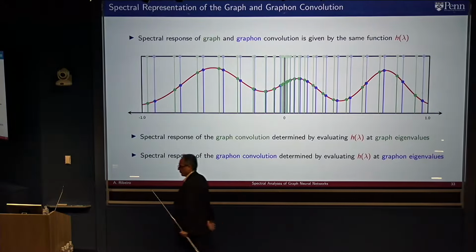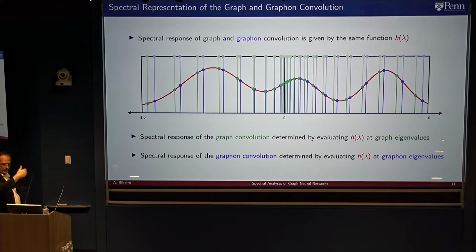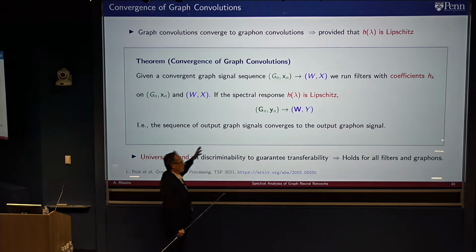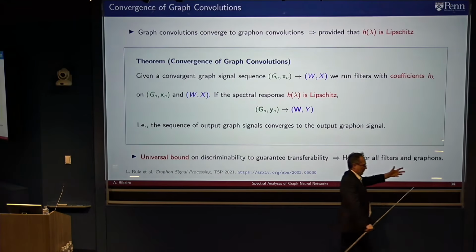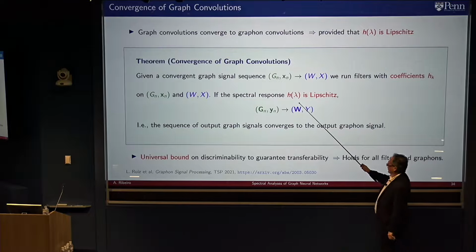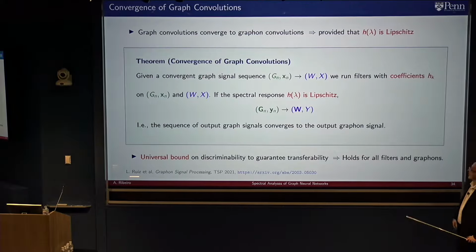And you should not be surprised to learn that the sequence of eigenvalues of the sequence of graphs converges to the eigenvalues of the graphon. And from that, you can prove convergence of graph filters to graphon filters. There is a restriction here, which is that h of lambda has to be Lipschitz, and I'm going to explain why that is necessary and actually very interesting in a minute.